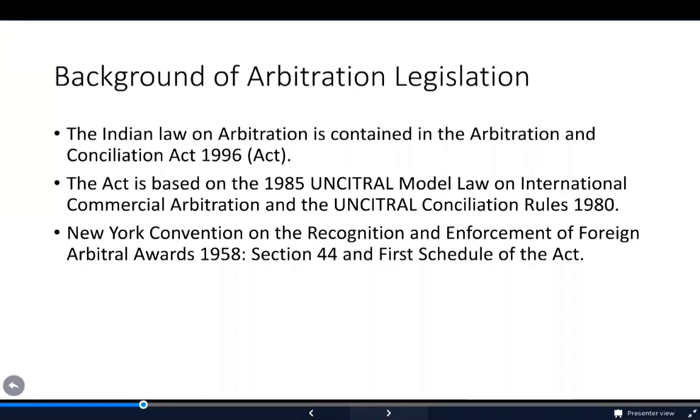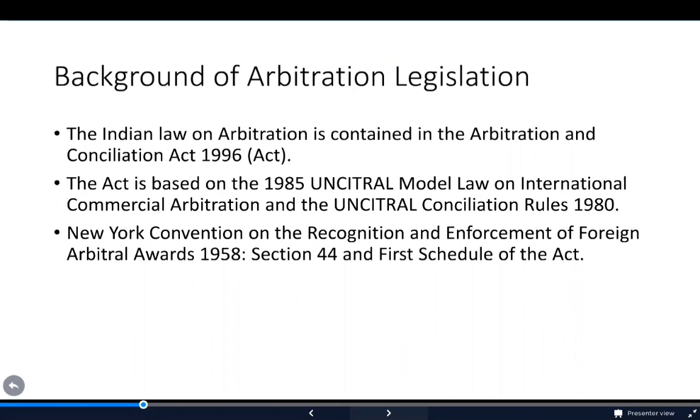This model law was drafted by UNCITRAL, the United Nations Commission on International Trade Law, and they came up with a model law which can be used by different states to insert within their domestic arbitration act. So India did that and adopted the UNCITRAL Model Law. The other important part was the UNCITRAL Conciliation Rules, because the Indian Arbitration Act provides for conciliation as well within the Act. So therefore, India adopted it.